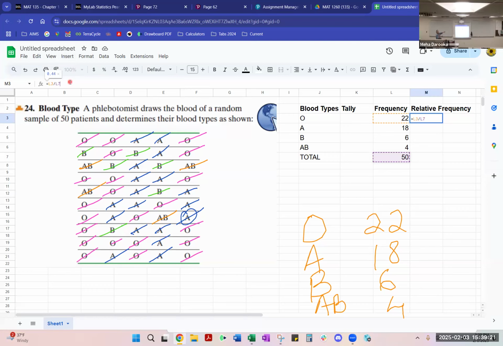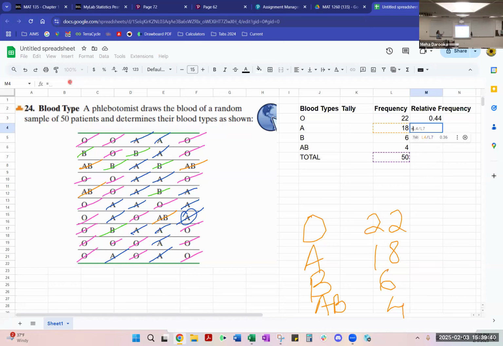If I had 17 for type A, once we fix that, we wouldn't have to fix the calculation for relative frequency because it has the cell reference, not the actual numbers. And that's basically what we're doing throughout the entire column.